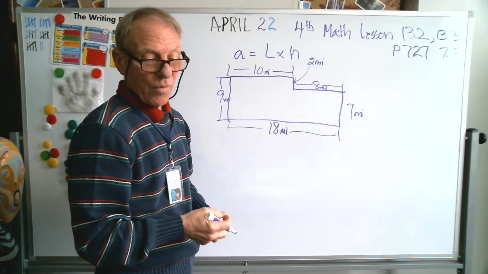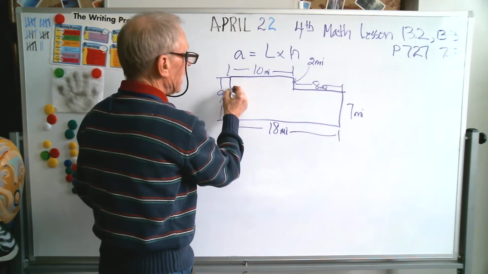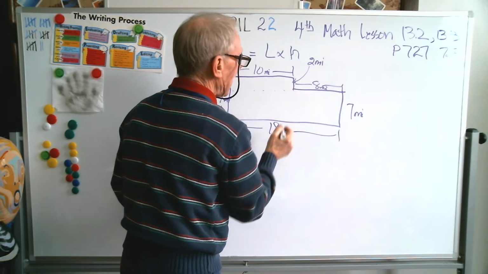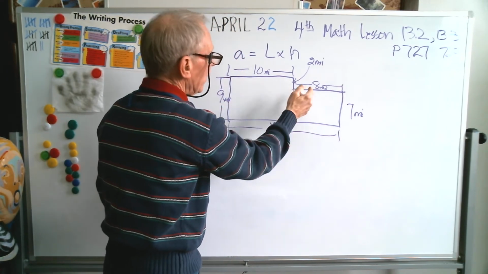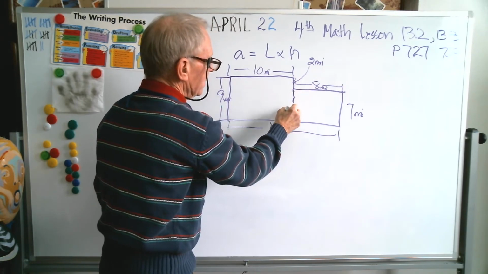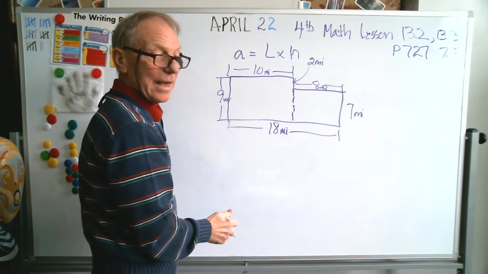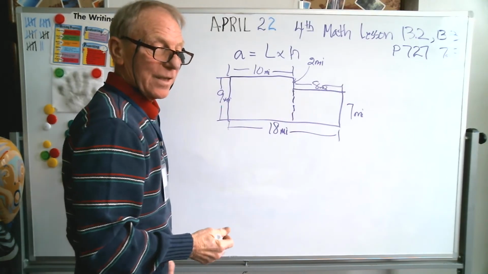Now, there's a couple of ways you can do this. You can either break it into 2 rectangles like that, going across, or you can come down and separate it here and give you your 2 shapes. It doesn't matter.